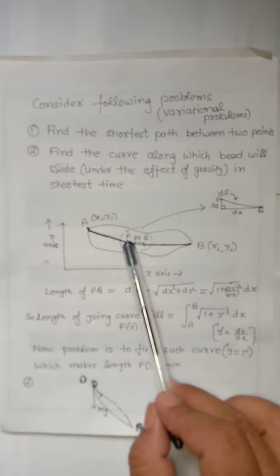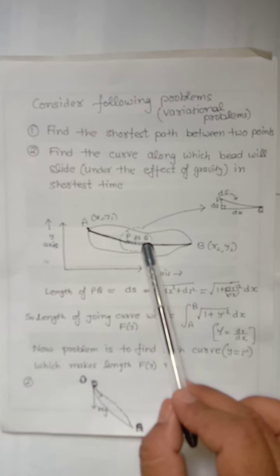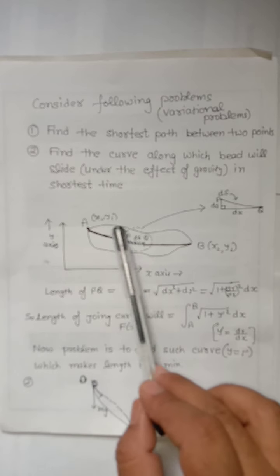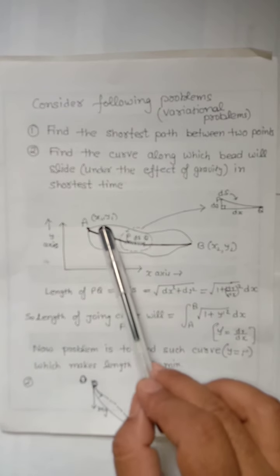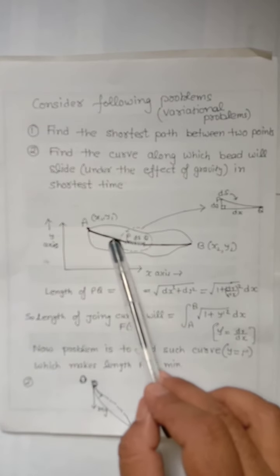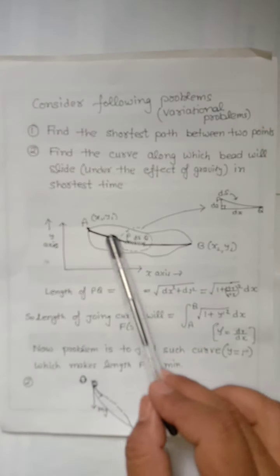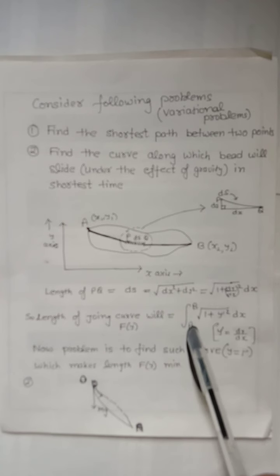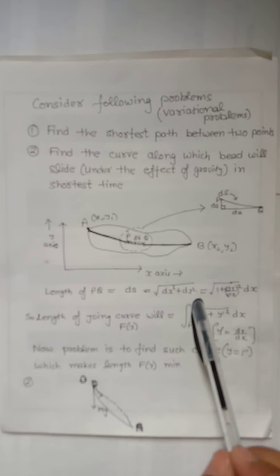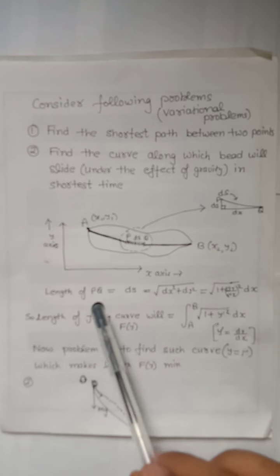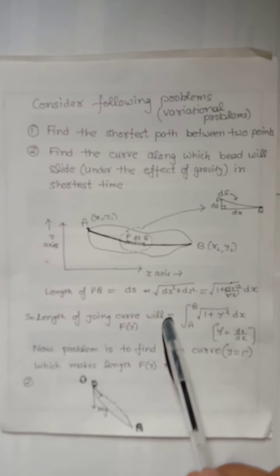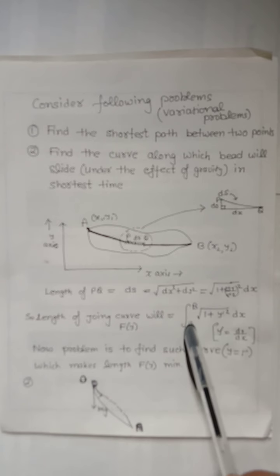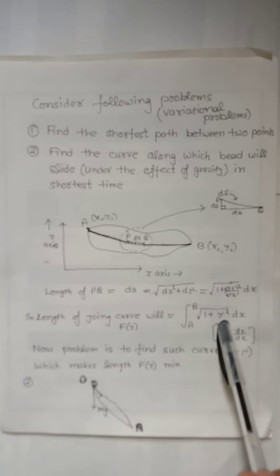Now I have calculated the length of this small element. Now by integral calculus, the length of the whole curve A to B can be calculated by integrating this in the limit A to B. So the length of a joining curve will be given by the integration from A to B of this.